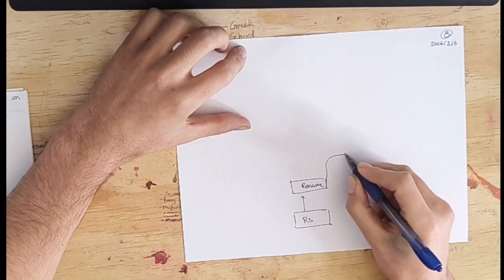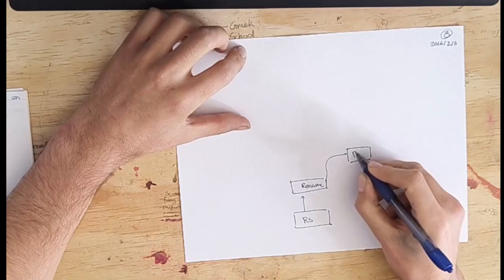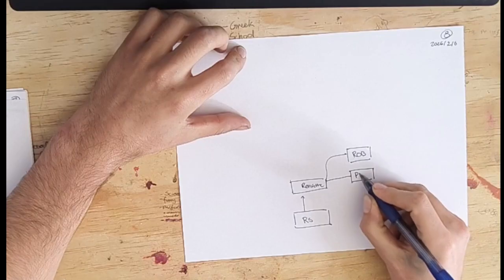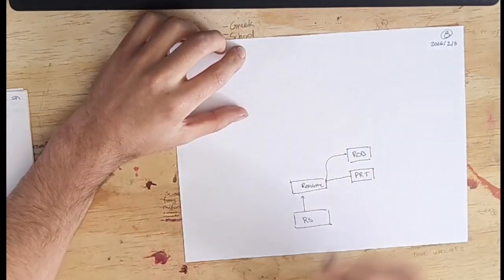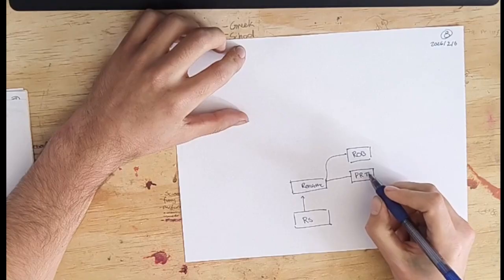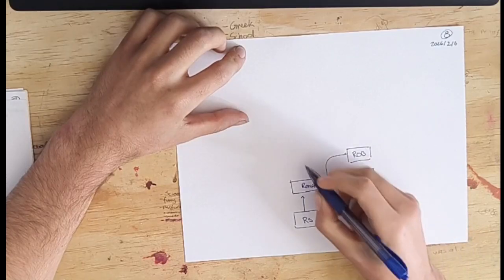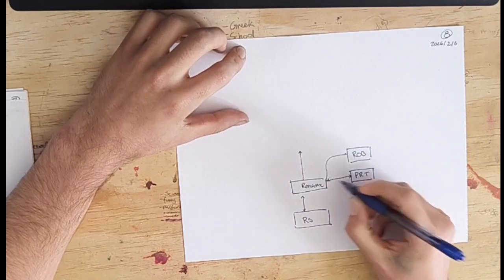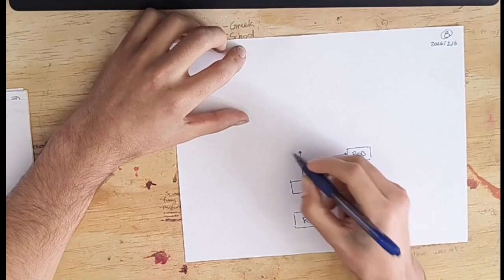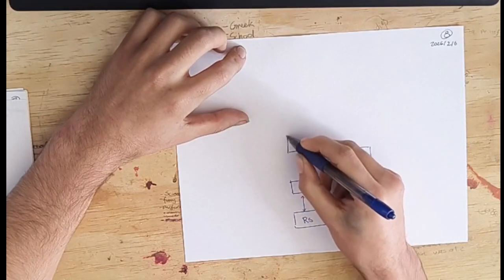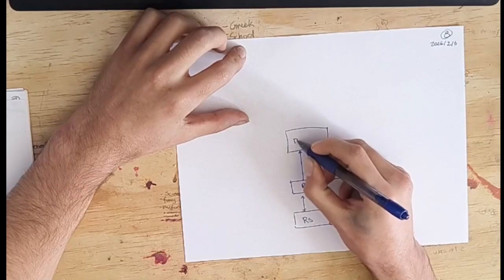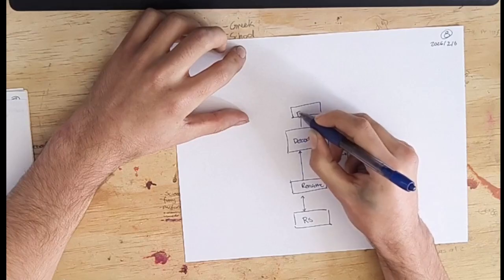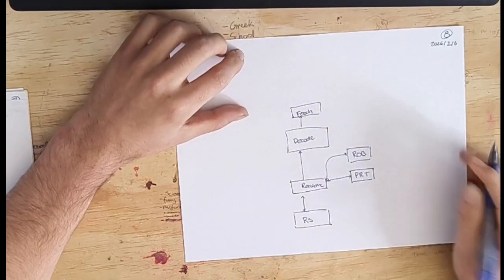Rename also is going to have the ROB and the physical register table or file. And rename is going to come from decode, which comes from fetch.